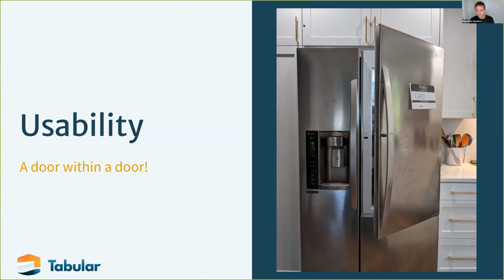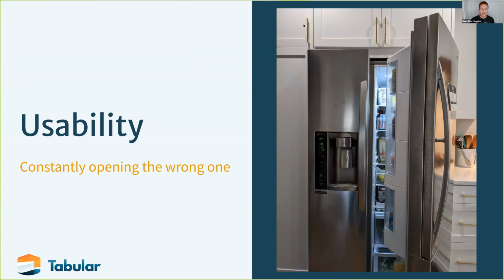Now, the problem with this situation is not that it sprays water on your pants. I think fridges can only do that so much. The problem is that I'm constantly opening the wrong door. I needed cheese. Which one? And you open the fridge and you think, oh no, that was in the door. So you have to close it and reopen it with the other door.